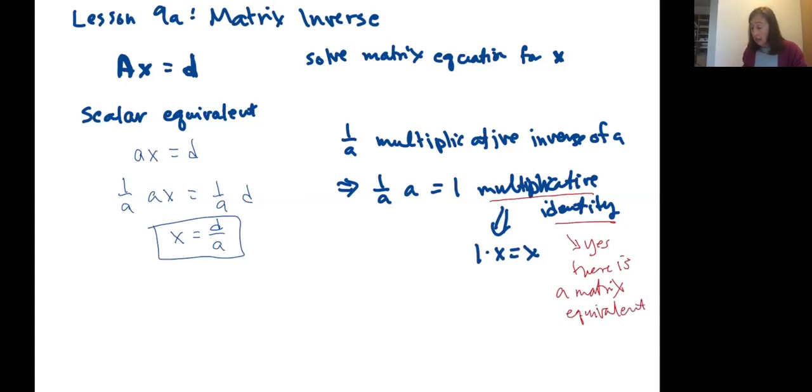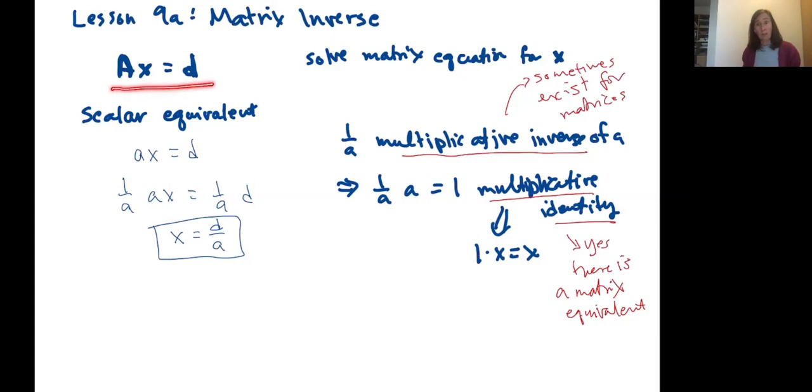And if there is that, can we find multiplicative inverses for matrices? Sometimes. And when we can find them, we can solve an equation like this just by finding the multiplicative inverse of matrix A and multiplying both sides by it, and that would give us the values of x that make it true.